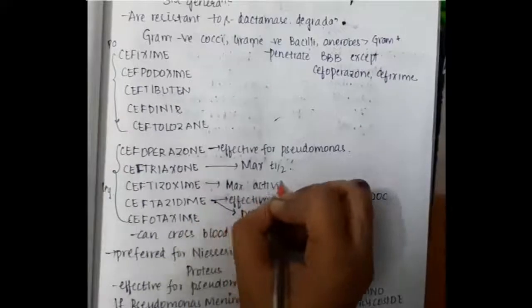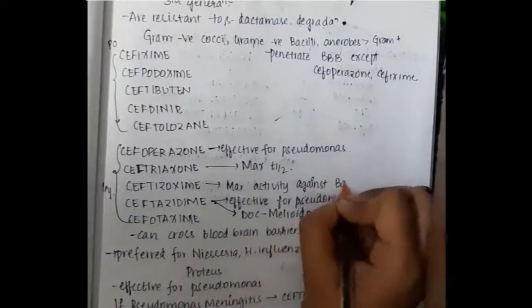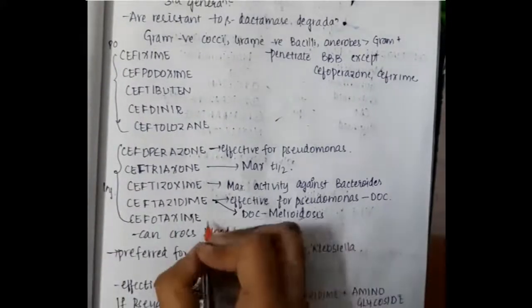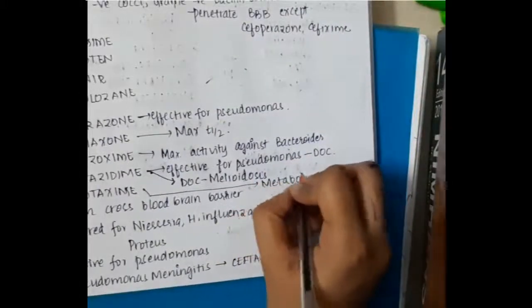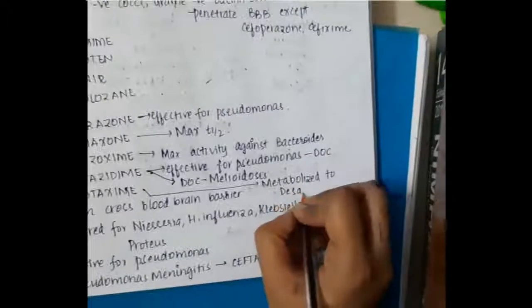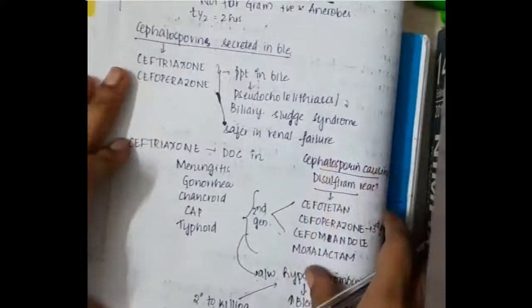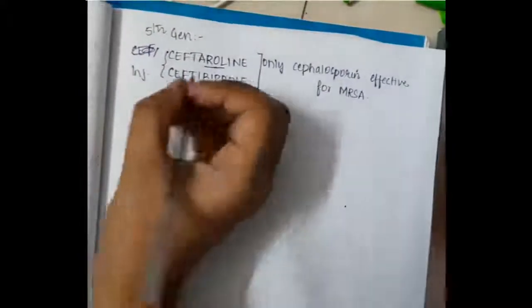Ceftazidime is the drug of choice for melioidosis, whereas ceftriaxone has maximum activity against Bacteroides. These are some important points which I have shared. Cefotaxime is metabolized to desacetyl cefotaxime, which is the active compound.